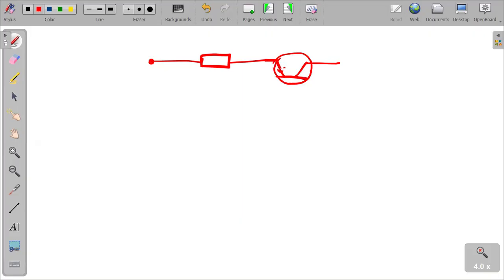So that's my PNP transistor. I have the resistor, another resistor again here. That's my RB.